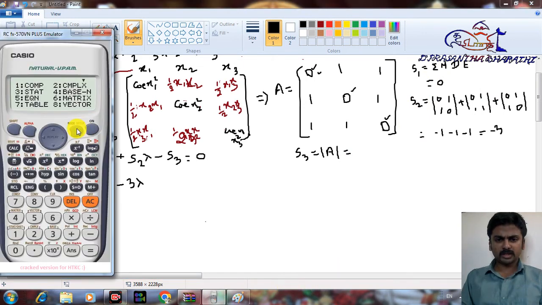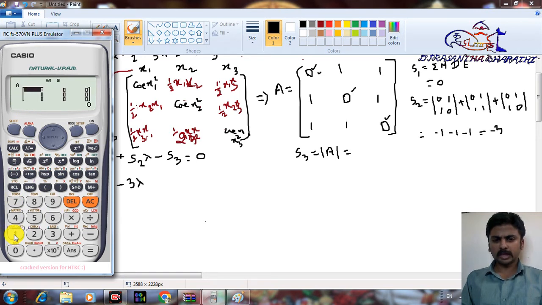First we shall fix matrix mode. Matrix mode is in 6. I want to define matrix A. We have taken matrix A in 3 by 3 dimension.